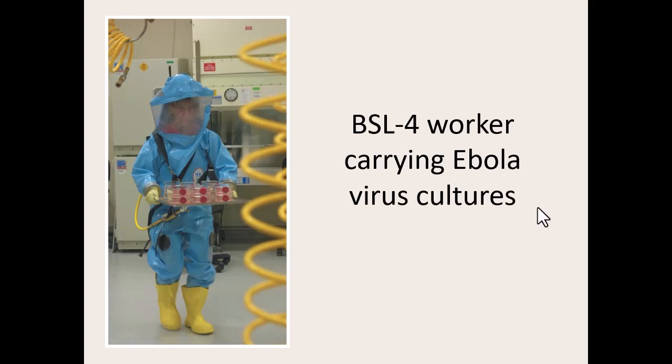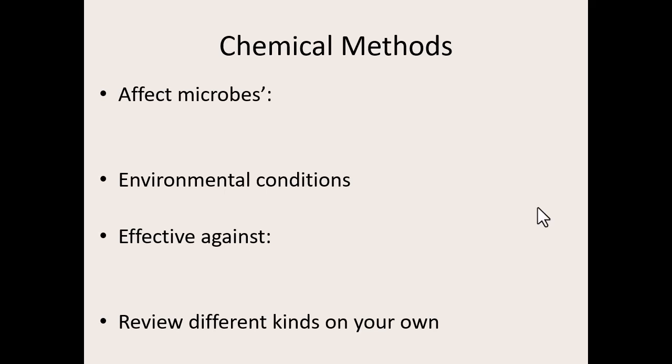That's cool things. Now, switching to chemicals, which is a little faster than going through all the physical methods. Again, the biggest thing is that when we are adding a chemical to an organism, we are trying to damage it. So it affects the microbe's cell wall, cell membrane, proteins, or nucleic acids.